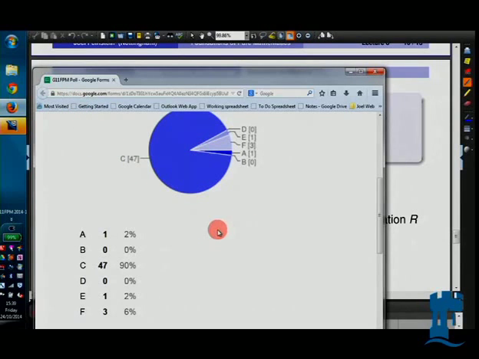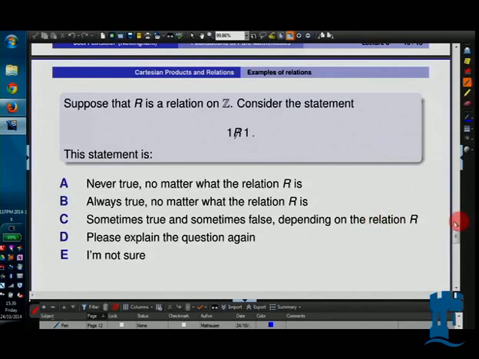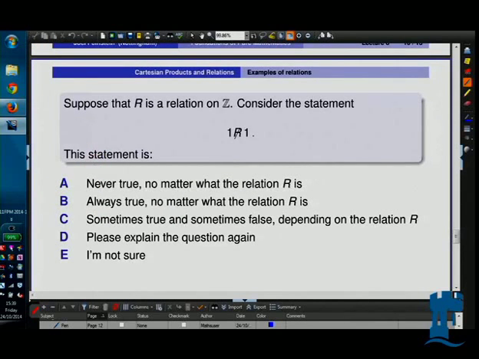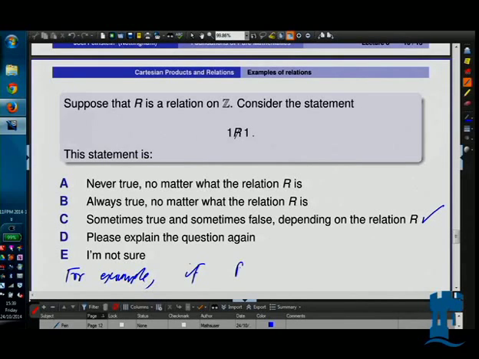Okay, so C is the most popular answer. Sometimes true, sometimes false, depending on the relation, which is correct. For example, if R is the equality relation, then 1 is related to 1.